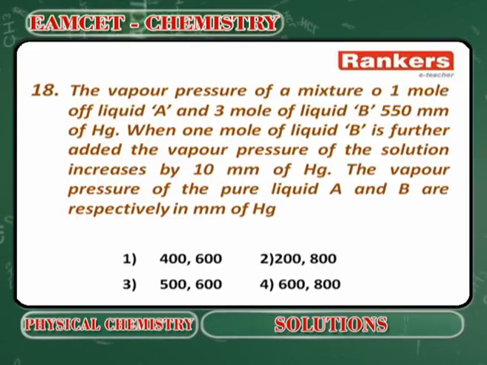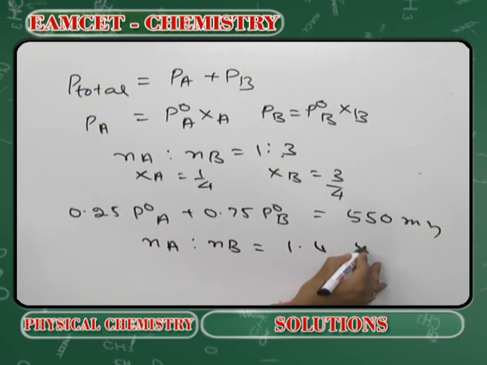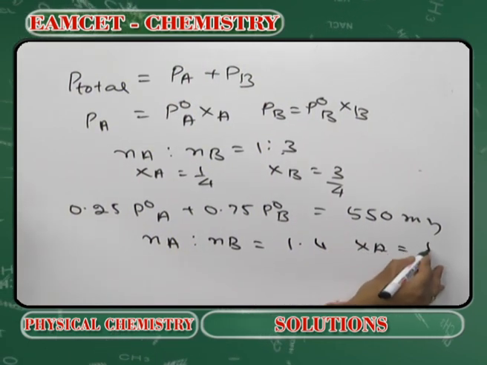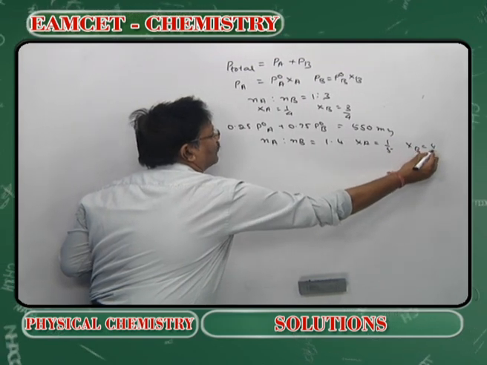Now, when 1 mole of liquid B is further added, what will be the mole ratio? Na to Nb will be 1:4. Then the mole fractions will be XA equal to 1 by 5 and XB equal to 4 by 5.